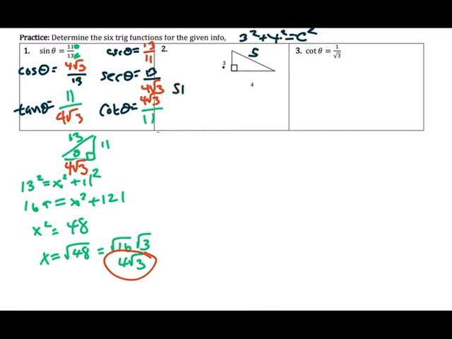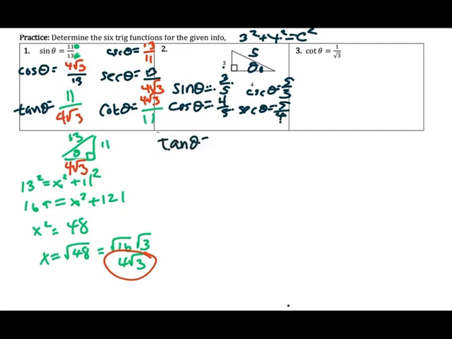So sine of theta, which I should have indicated for you, we're going to call this theta, is going to be 3 over 5, opposite over hypotenuse, which means that cosecant of theta is 5 over 3. Cosine of theta is going to be adjacent, 4 over hypotenuse 5, which means that secant of theta is going to be 5 over 4. Tangent of theta, opposite over adjacent, 3 over 4, so cotangent of theta, 4 over 3.